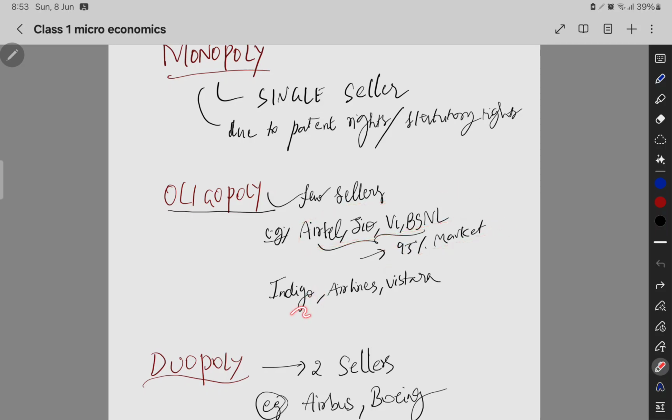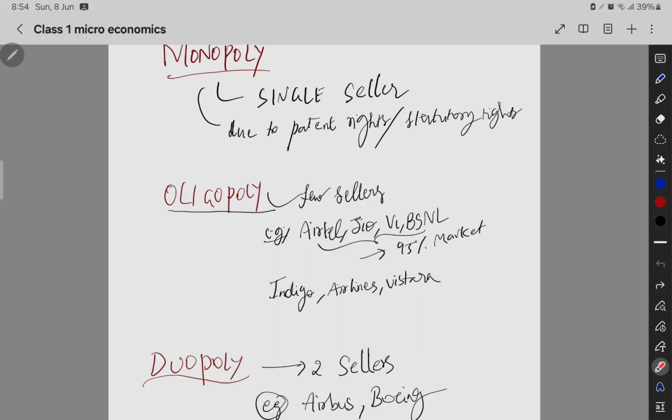For example, when I see the airlines, Indigo Airlines, Vistara, these 3 companies are operating the entire air market, I can say.